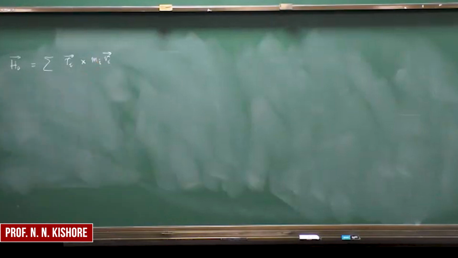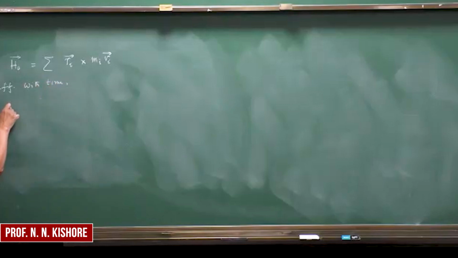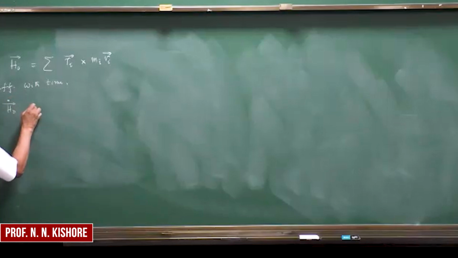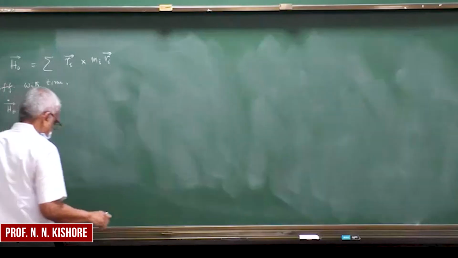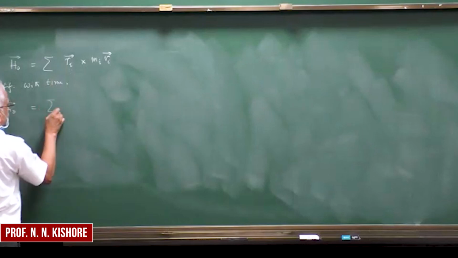If we want to relate it to the forces which are acting, then we have to differentiate these terms and see how they appear. So differentiating with respect to time, what we get is d/dt of H_O is nothing but d/dt of this one. Let's do this.